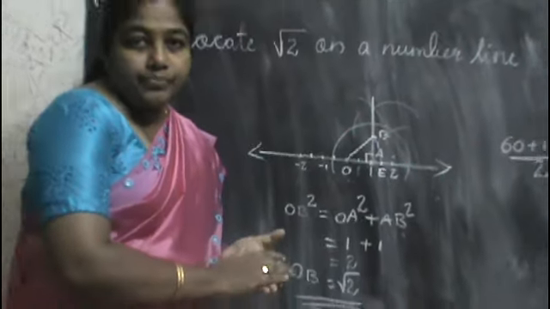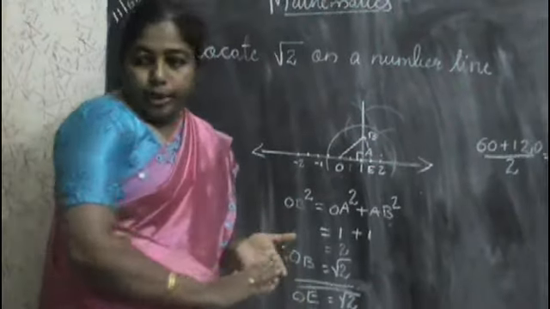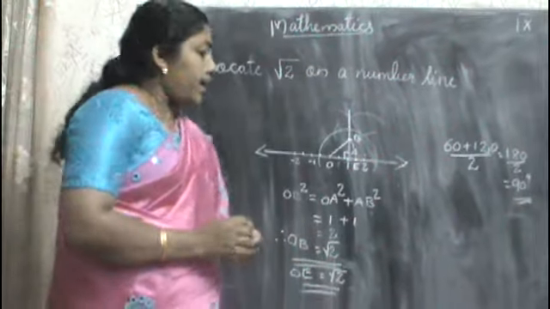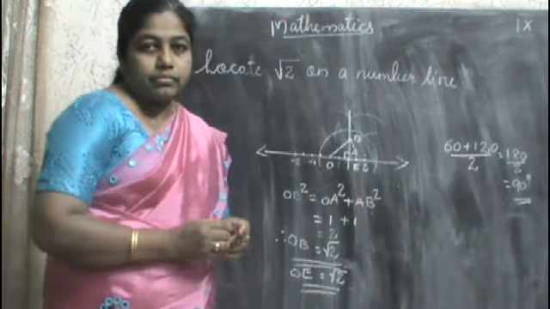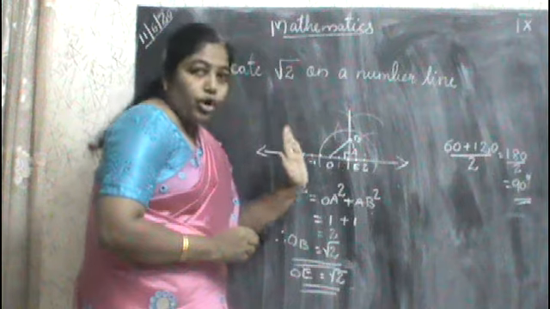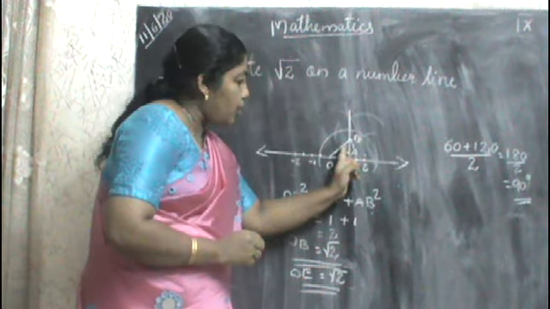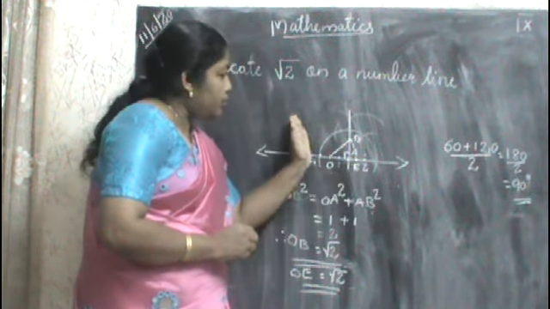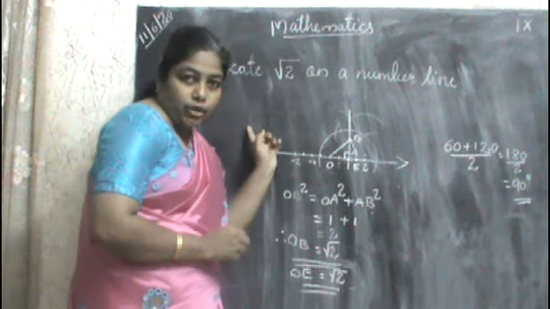Is it clear? Now number 2, locate root 3 on the number line. For that, first all of you draw root 2 on the number line. Okay, locate root 3 on the number line, that is the second question.